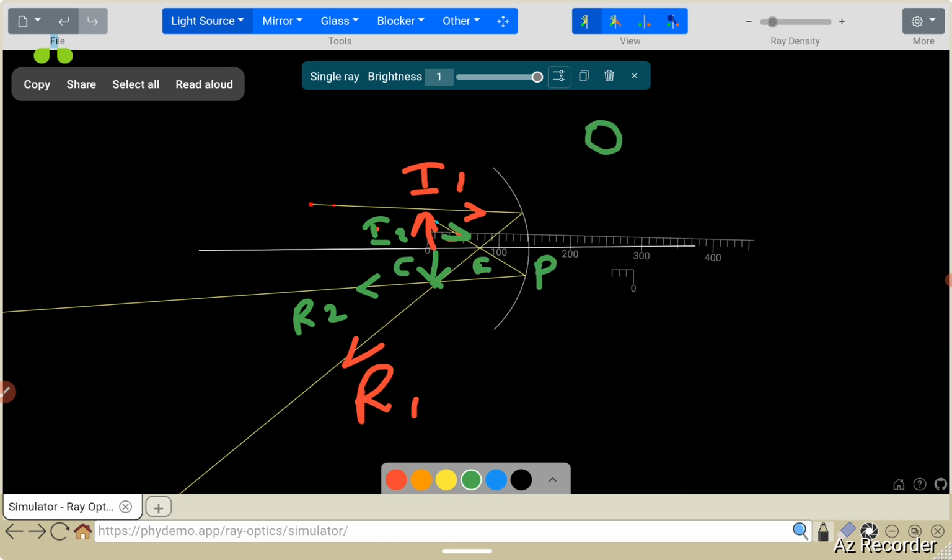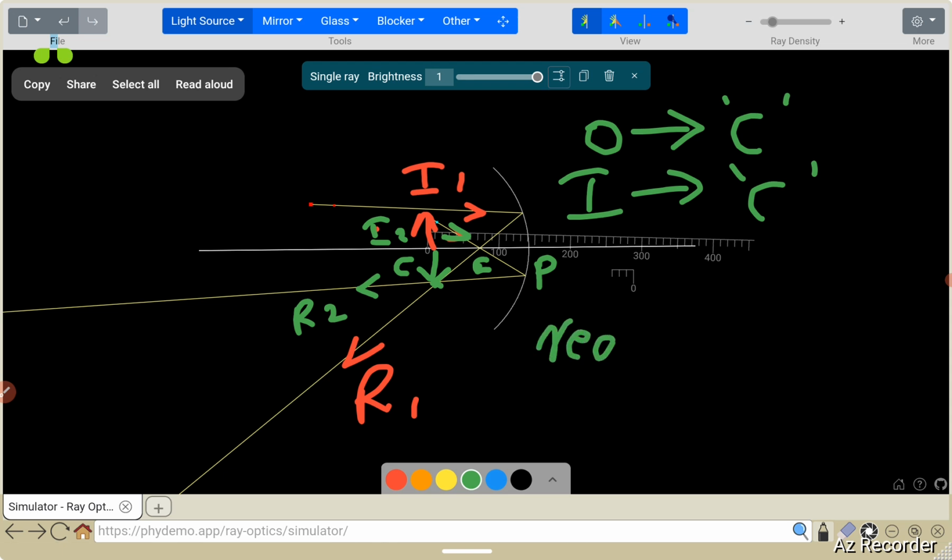When the object is placed at the center of curvature C, the image is also formed at C only, and this is formed due to the actual intersection of reflected rays. So it is a real image and it is inverted.